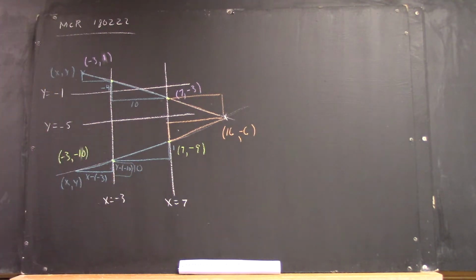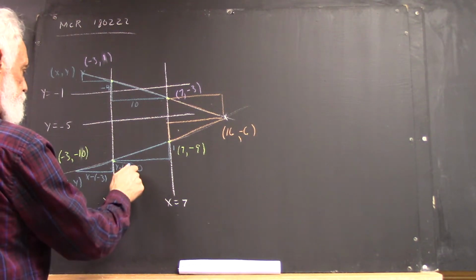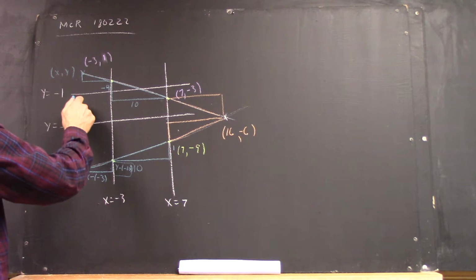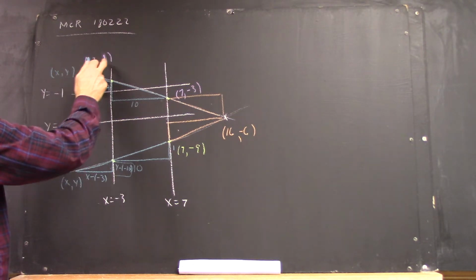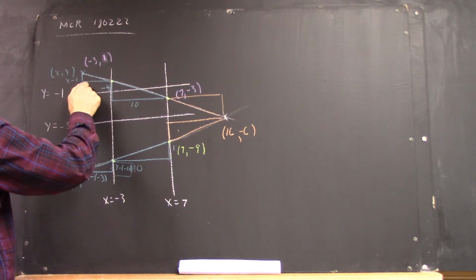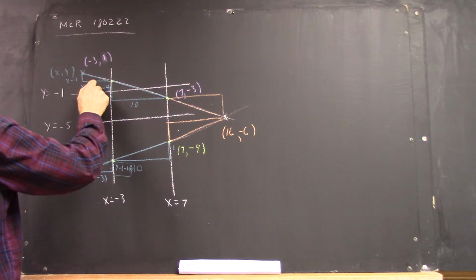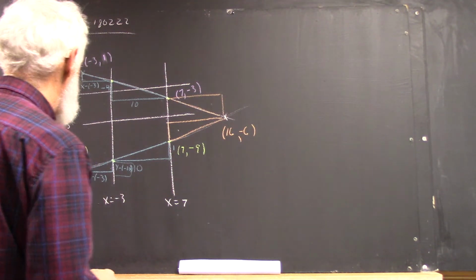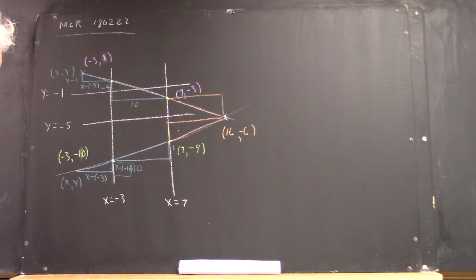Things are getting crowded there. Up here, I'm going to have y minus 1 and x minus negative 3. That's almost all of my triangles, but of course I can do this one as well.